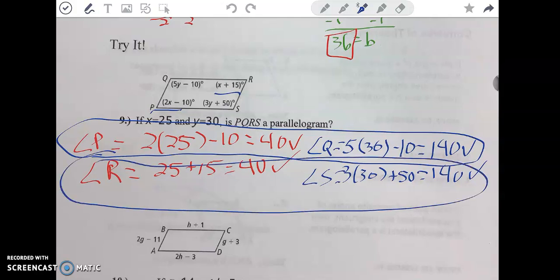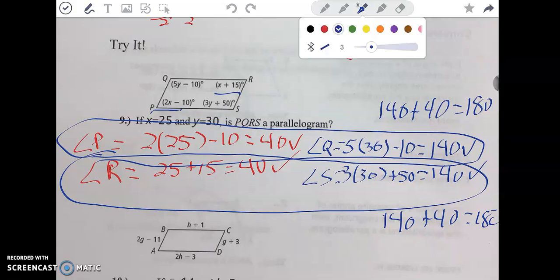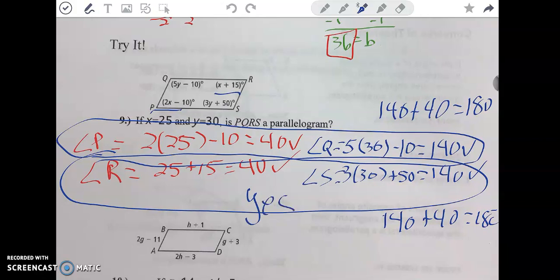We take their answers, 140 plus 40 equals 180, and then we come down here, 140 plus 40 equals 180. So not only are the opposite angles congruent, but their consecutive angles are also supplementary. So yes, this works out, and this is a parallelogram.